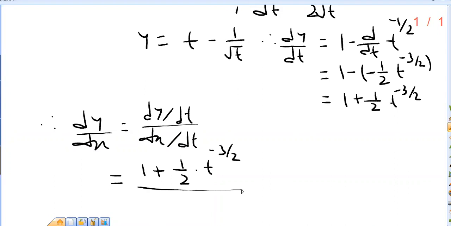What is dx dt? Dx dt is 1 upon 2 root t.